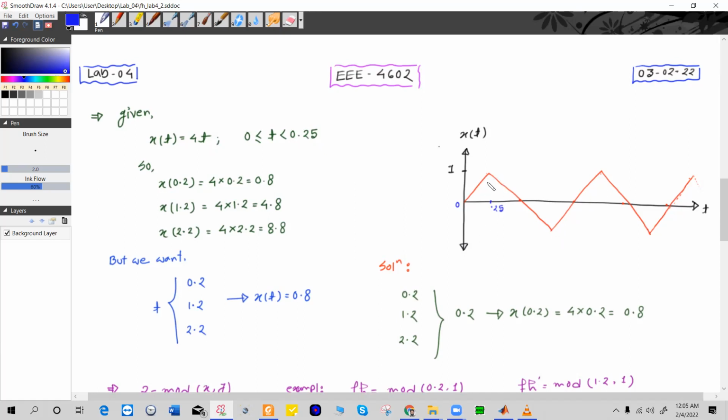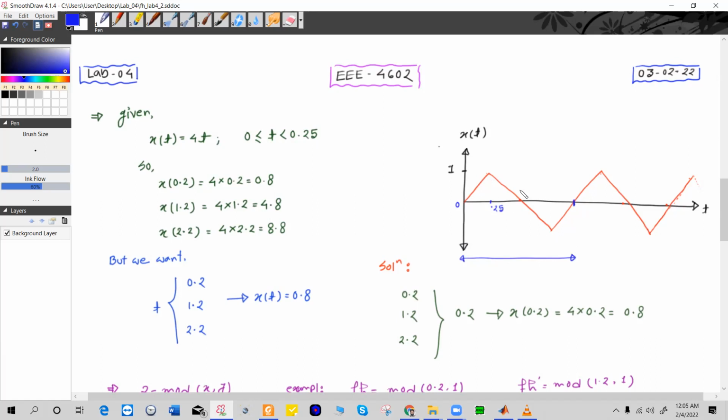So please focus only on this part for now. Let's consider t from 0 to 0.25, where our function x of t is equal to 4t.